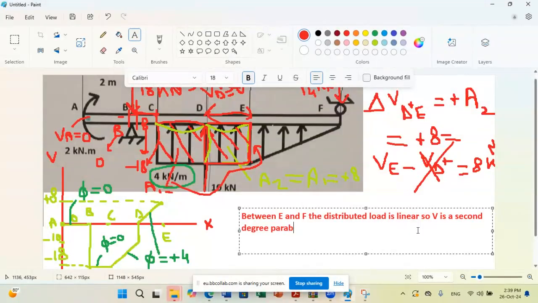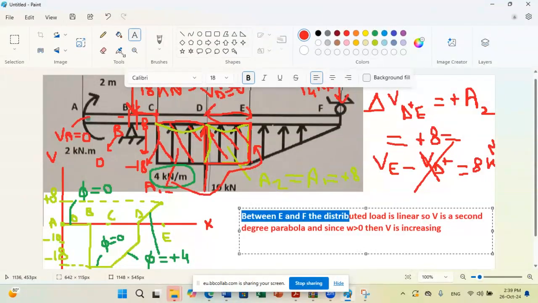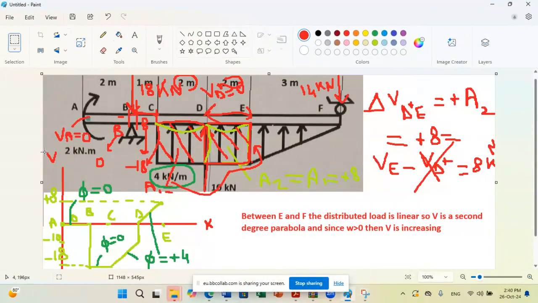So V is a second degree parabola, and since W is positive, then V will be increasing. Okay? This is about the variation. Now, in order to determine if the concavity is upward or downward, we should follow the slope. Okay? We should follow the slope.